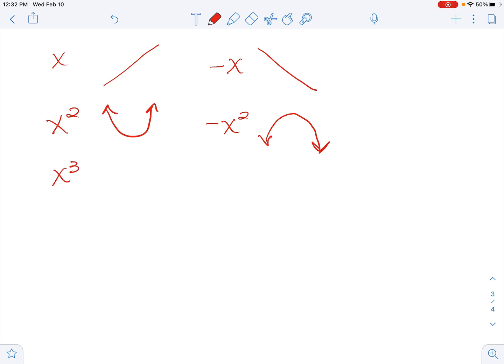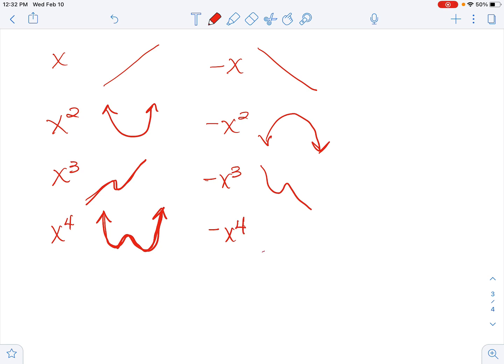A cubic or a negative cubic, to the fourth, a quartic, yes, it looks kind of like a W, and a negative quartic, and then a quintic, or a negative quintic.